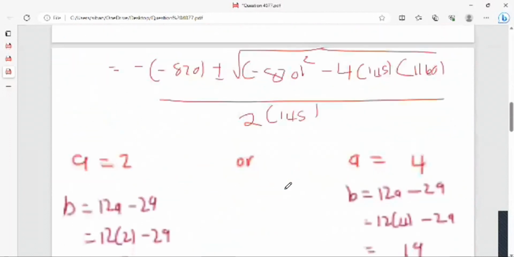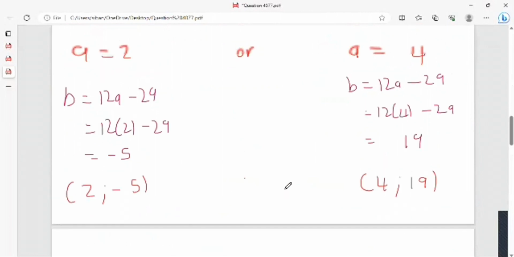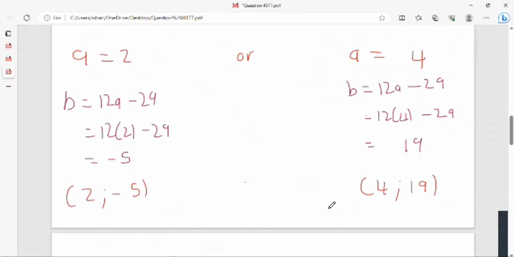So our y has to be negative. If we look at these coordinate pairs, we can see that only one of them has a y value which is negative. Therefore, k cannot be 4 and 19, and the coordinates of k will be 2 and minus 5.